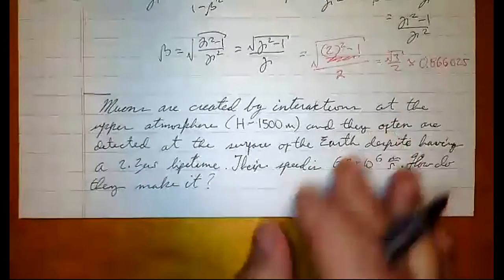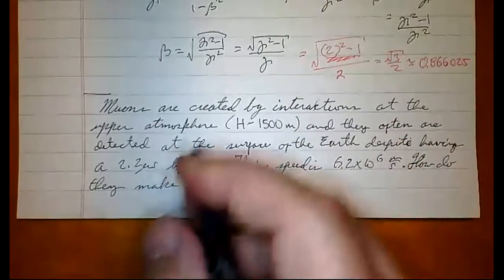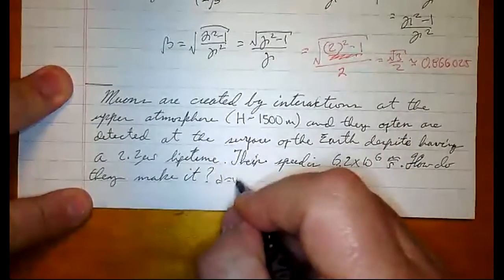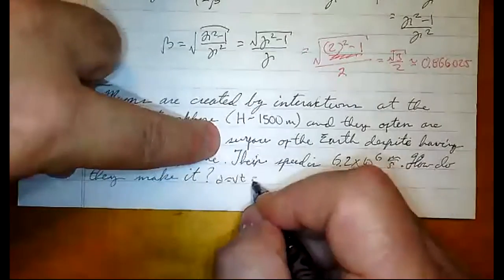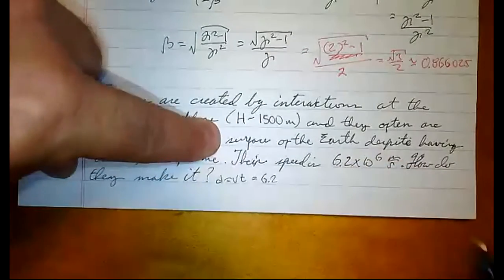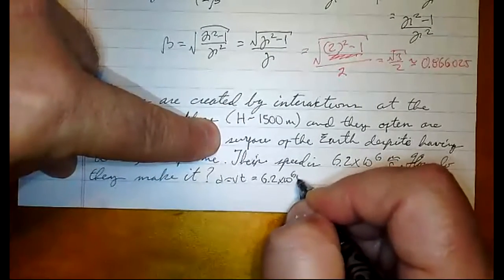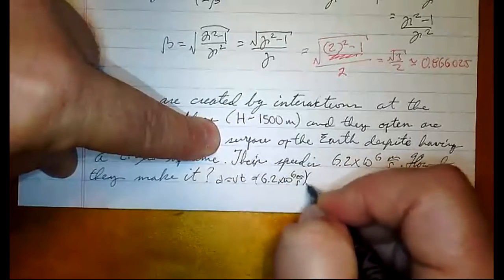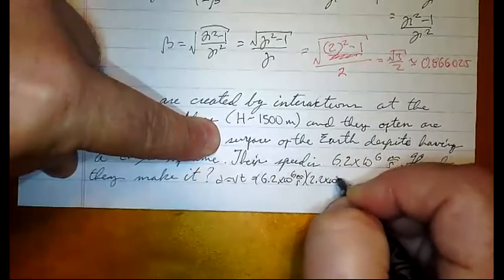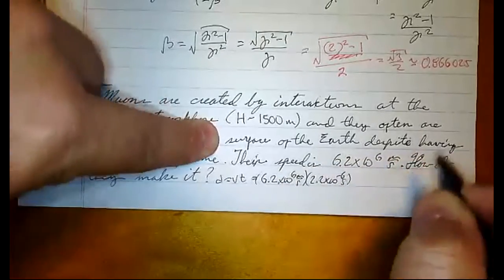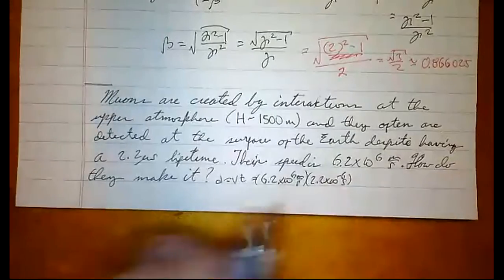Well, if you took distance equals velocity times time, and you did 6.2 times 10 to the 6th meters per second and multiplied it by 2.2 times 10 to the negative 6 seconds, I think you can see what happens.